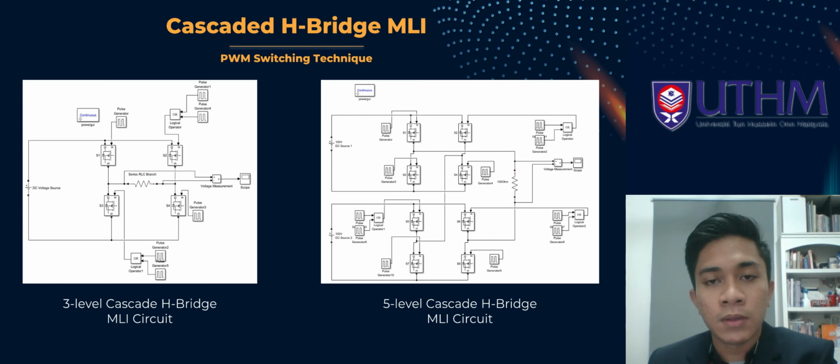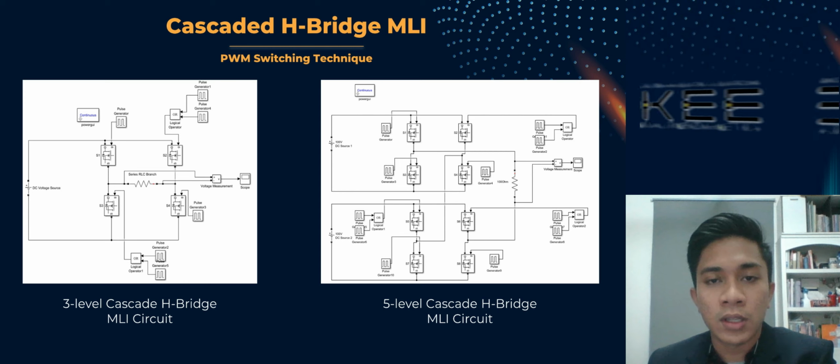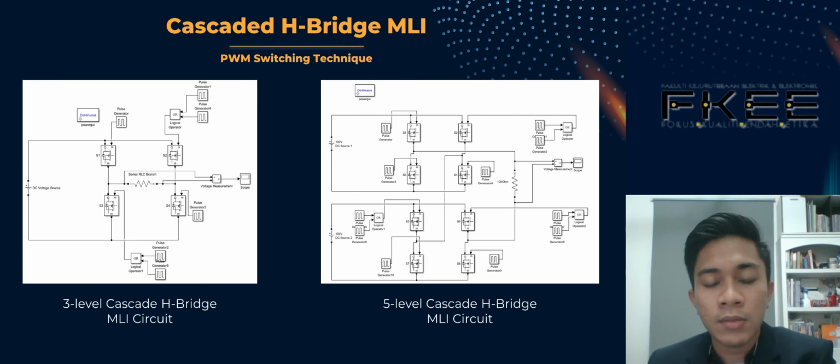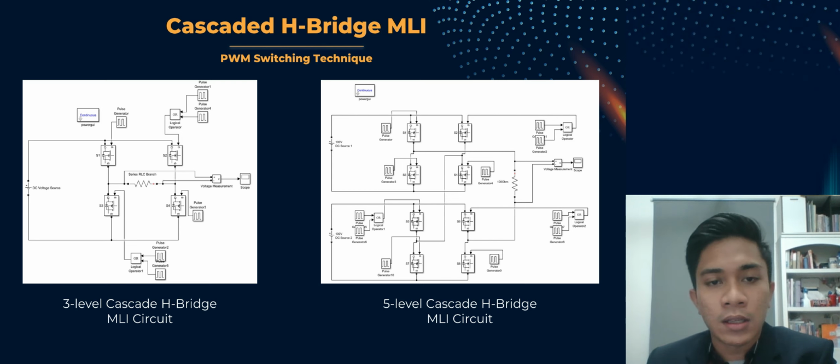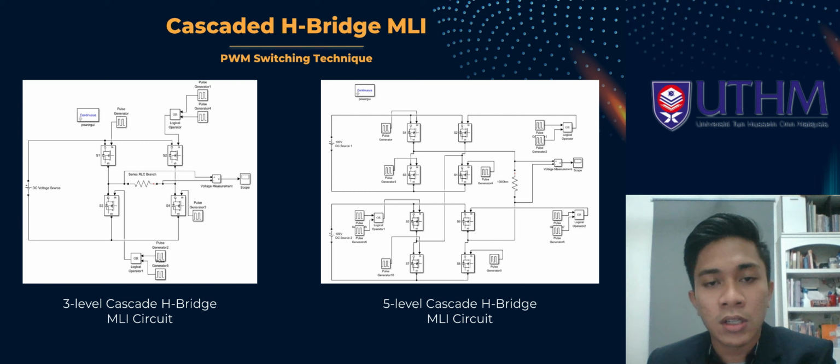As I mentioned before, there are two methods of switching technique: the first one is PWM, and the second one is SPWM. So this is the PWM switching technique circuit, where we have the pulse generator, the MOSFET, the DC voltage, and the load.